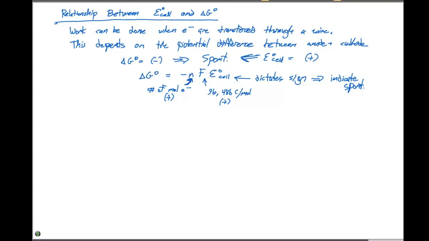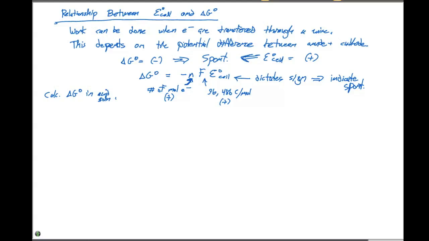From this data, we can look at an electrochemical reaction and calculate its delta G naught, or the standard Gibbs free energy. So let's calculate delta G naught in acidic solution for the following.